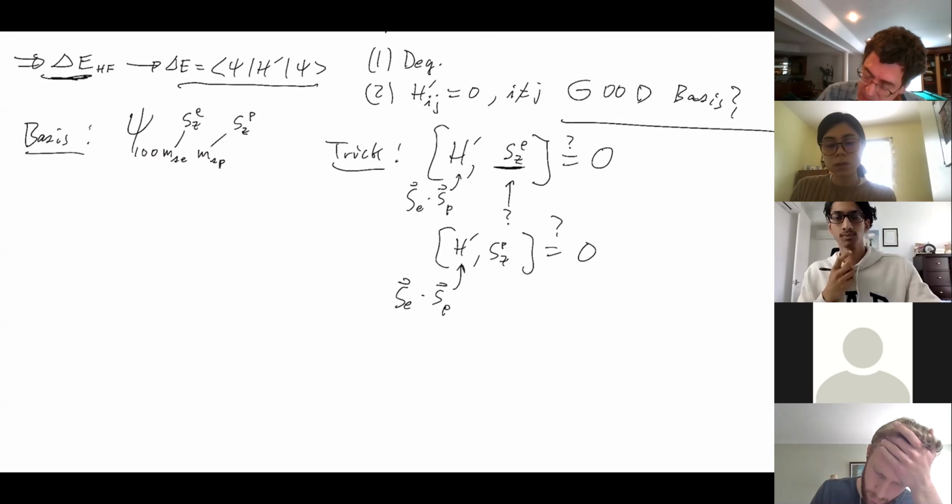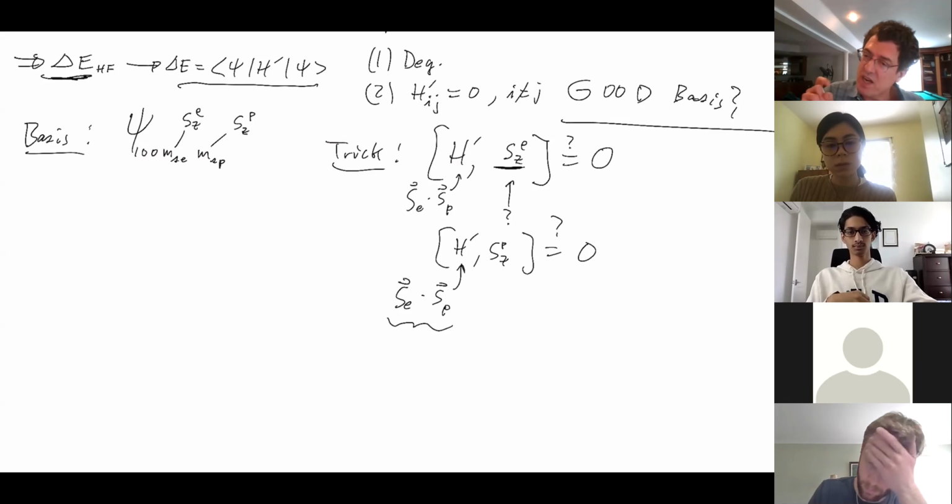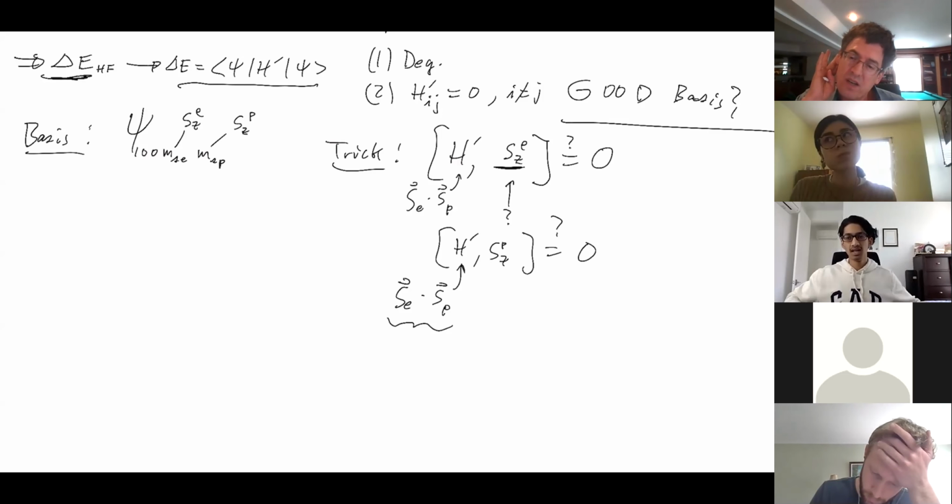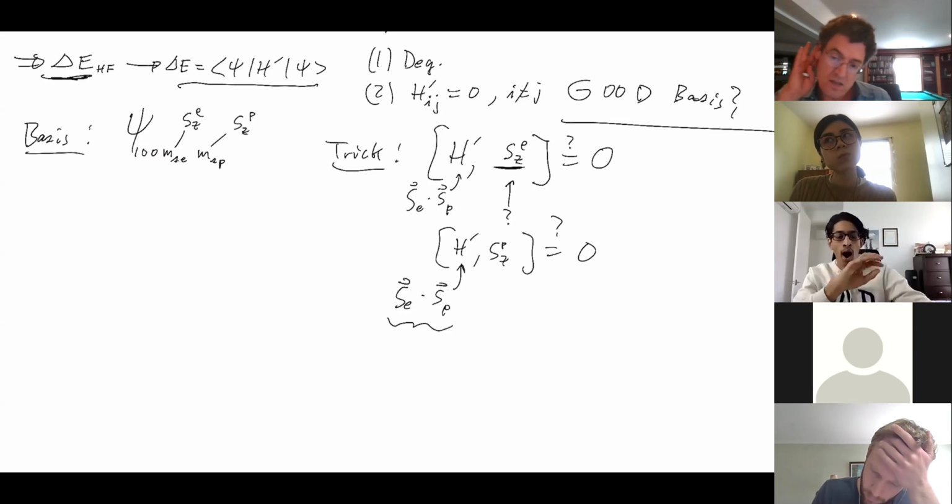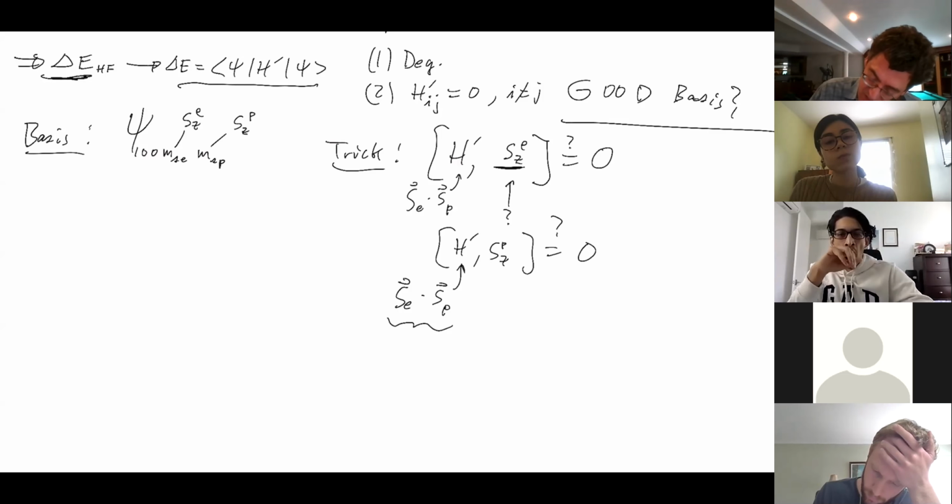Yeah, that's right. But this formula, S_E dot S_P, reminds you of what other formula? Can you tell me another formula that looks like that we studied before? L dot S. Yes.